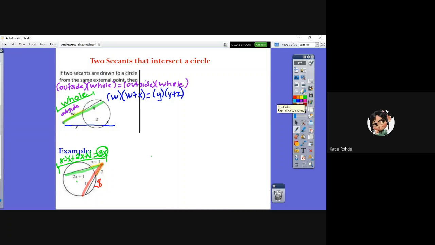So going back to my algorithm of outside whole, where this top one, my outside piece is, I'm going to start up here, x minus 1. And again, my whole thing, if I add these two together, is 3x. And for this bottom one, my outside is 7, and my whole thing is 18.